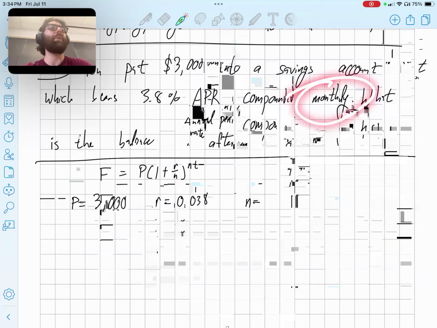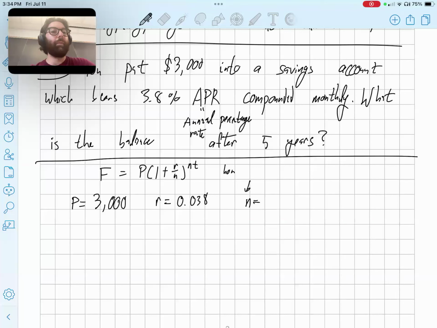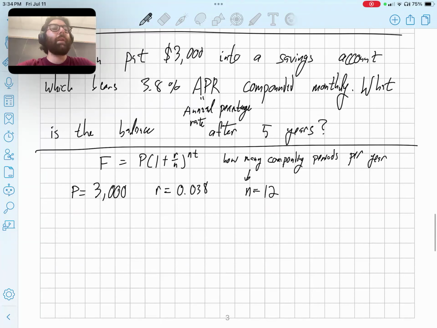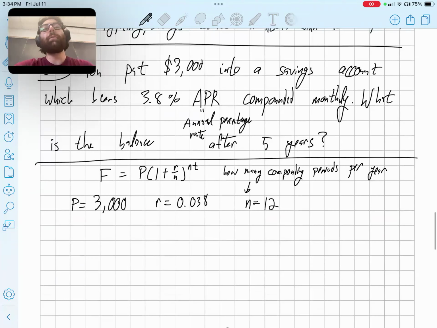We're compounding monthly, so N is 12 because we're compounding once per month. There are 12 months in a year. And then T is in years, that's 5 years.